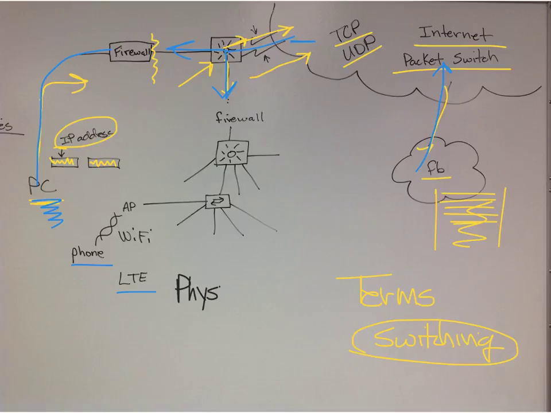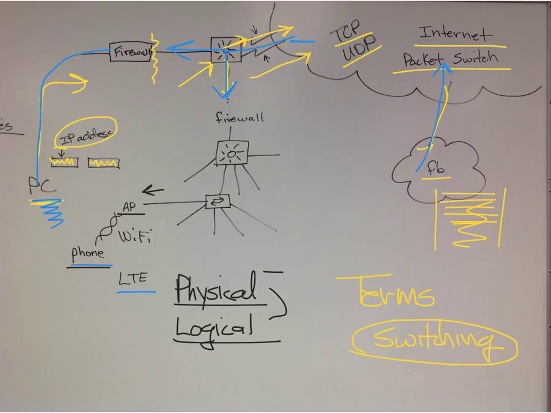Physical address gets the packets to your specific device, and the logical, which is the IP address, switches the packets through the networks where they belong. So when this AP gets a packet back, it actually uses a combination of those two. Then eventually it sees the physical address and sends it to my phone instead of somebody else's phone on the Wi-Fi.